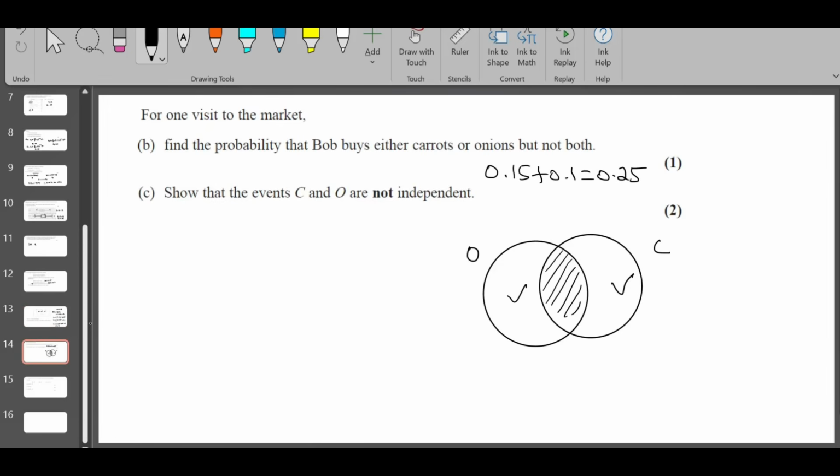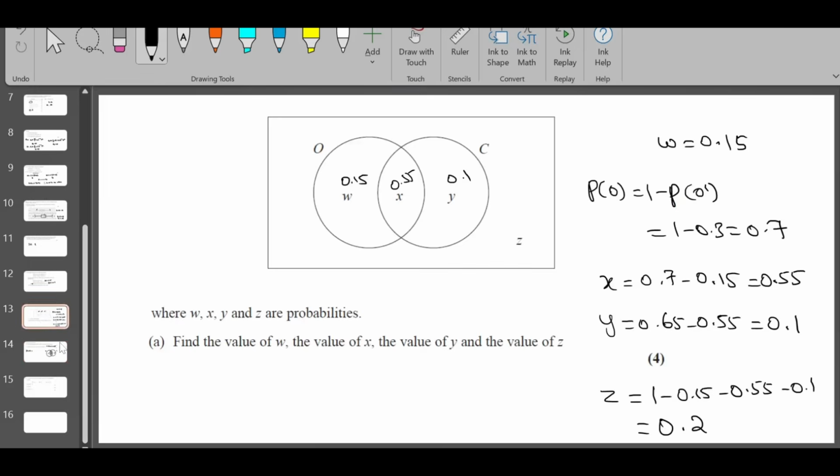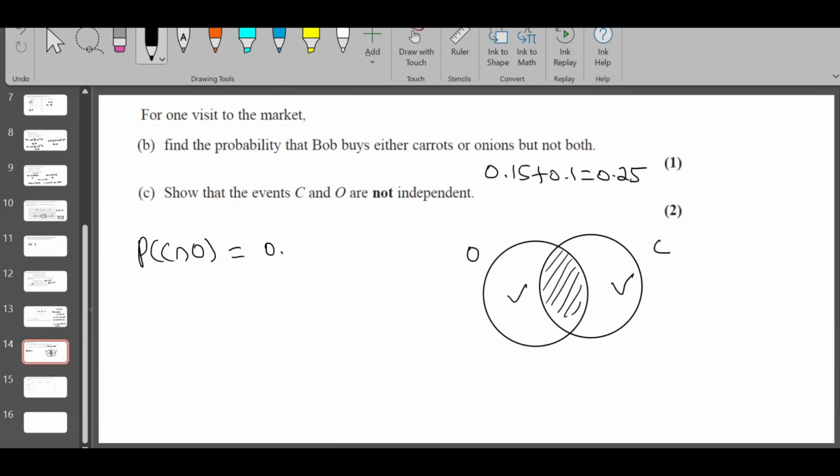Now show that C and O are not independent. Let's find C intersection O, which is the middle part, given here as X, 0.55, right? Now let's find P of C times P of O, because that's the formula for independent events. If these two are the same, the events are independent.